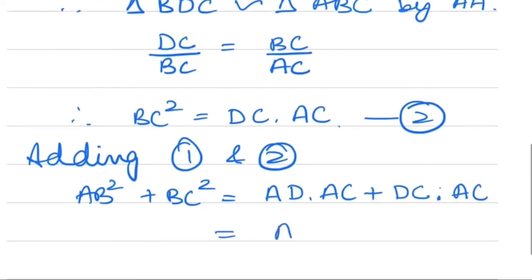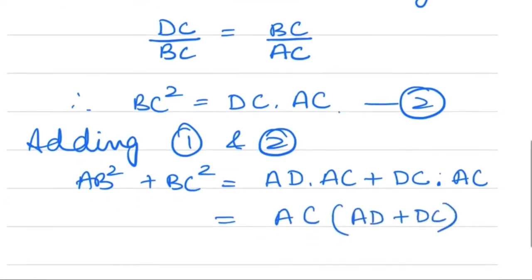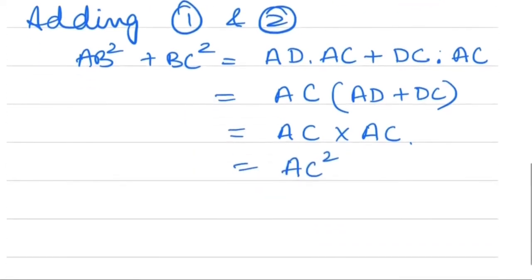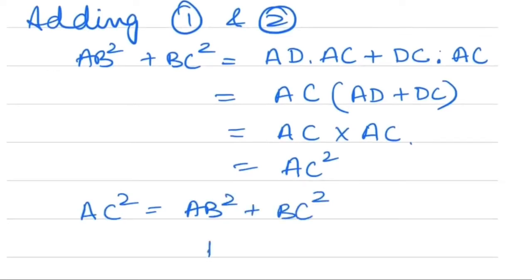Here we have AC common, so we have AD plus DC, and we know AD plus DC is AC, so AC multiplied by AC. So this is equal to AC square, so we get AC square is equal to AB square plus BC square. So we have proved it.